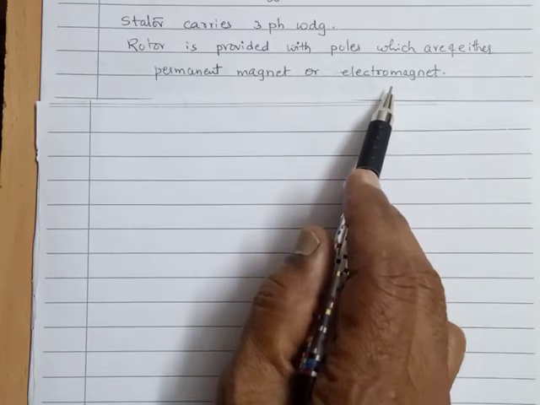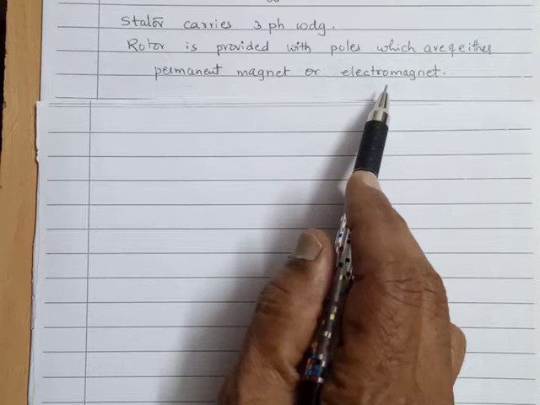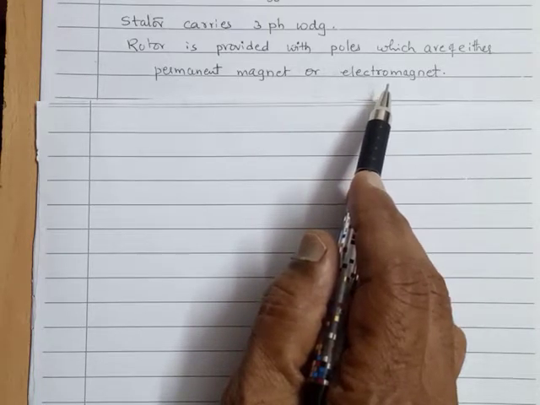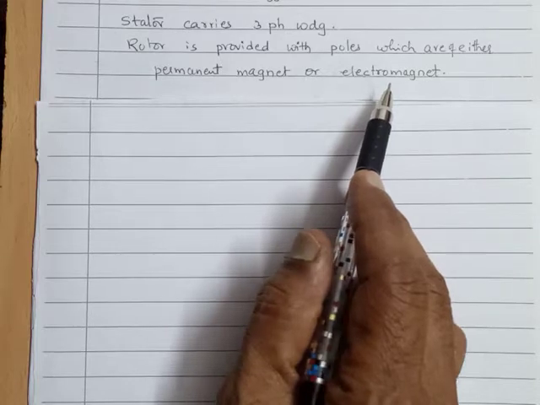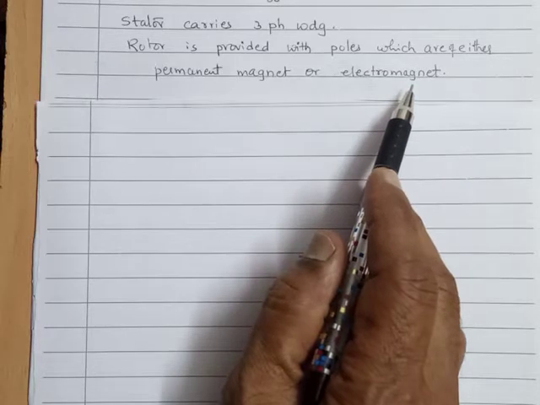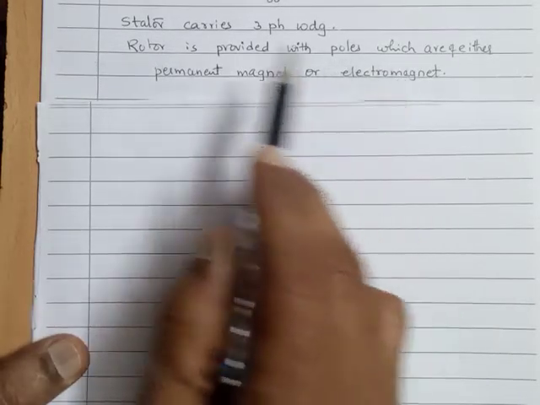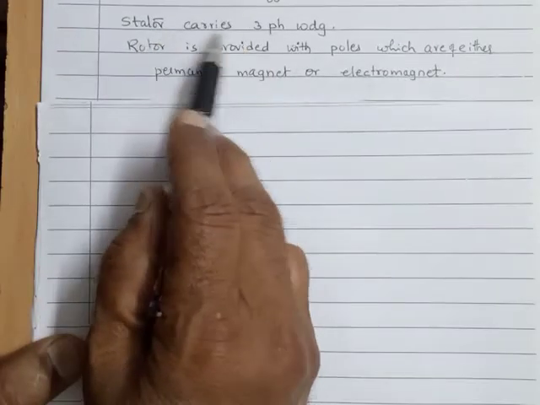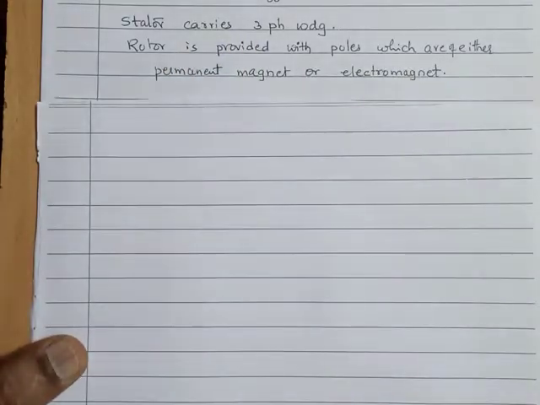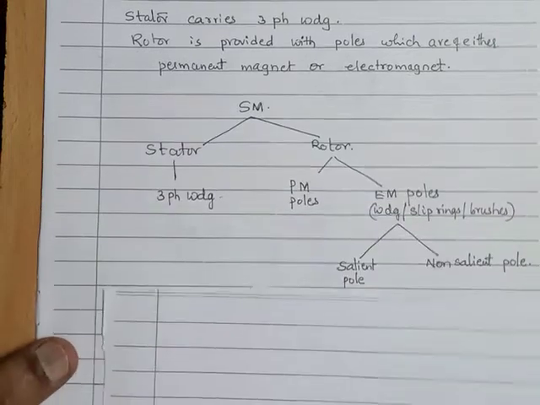So the rotor carries the magnetic poles, and those poles can be permanent magnet poles or electromagnet poles. So the synchronous motor has the stator with three-phase winding and the rotor with magnetic poles. That's how we can appreciate its construction.